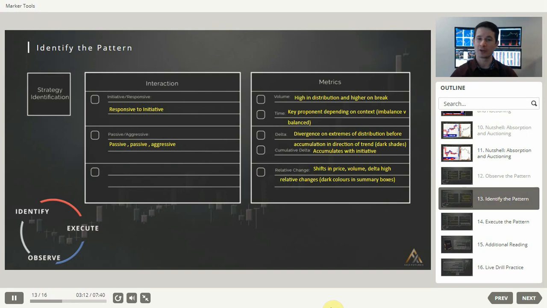That was ultimately the responsive price response. And then once we get the break out of those pivots, that is the initiative break. Then, is the interaction passive or aggressive? Again, it's initially quite passive. Why? Because the market rotates between the 2 pivots and there's just passive interaction taking place. Eventually, that shifts on the break and it turns to a more aggressive price response.